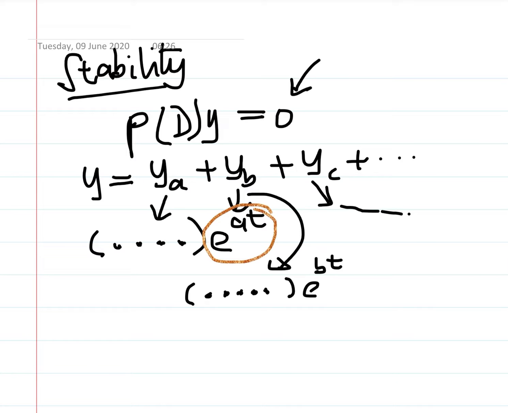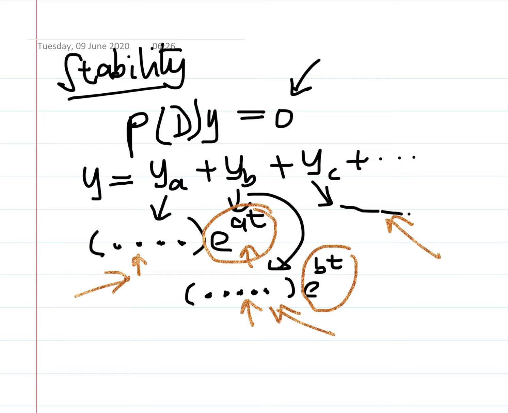So in each case, you had these exponentials multiplied by that, exponential multiplied by that, etc. And the nature of these exponentials would tell us whether the individual parts would go to 0 or not.